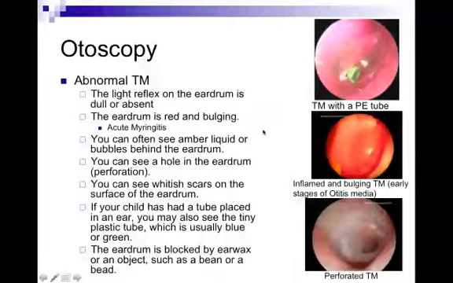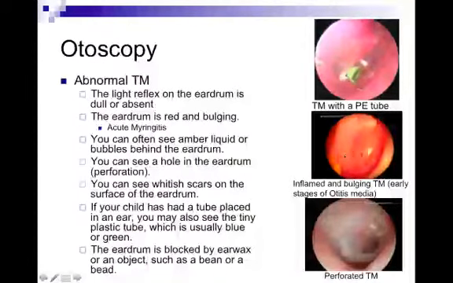It would be considered abnormal if you're seeing a dull or an absent light reflex. If you see the tympanic membrane is inflamed and red, or if it's bulging, that would indicate there's an infection in the tympanic membrane and/or in the middle ear.